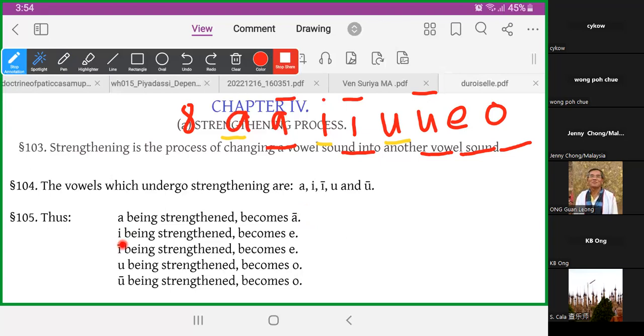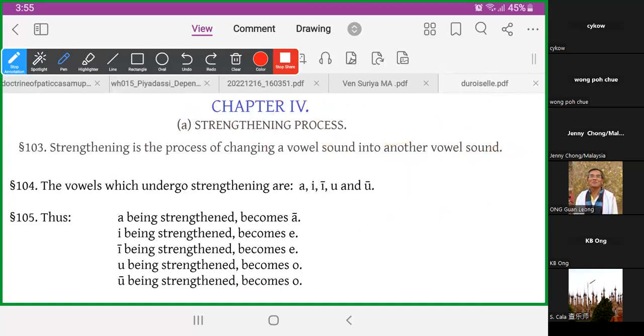Now I becomes E. So actually here, A when you strengthen becomes long A, correct. I strengthened becomes E. And when it is further strengthened, it becomes A. Okay, let me clear it, right?